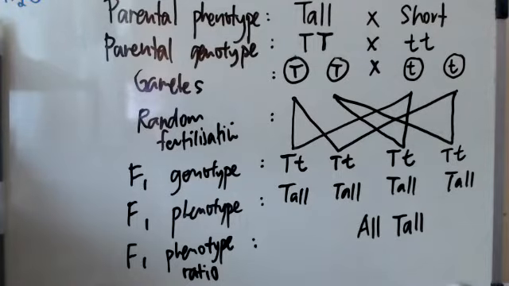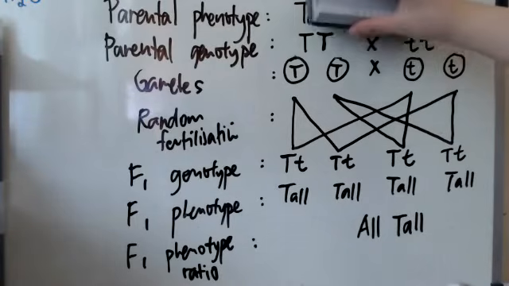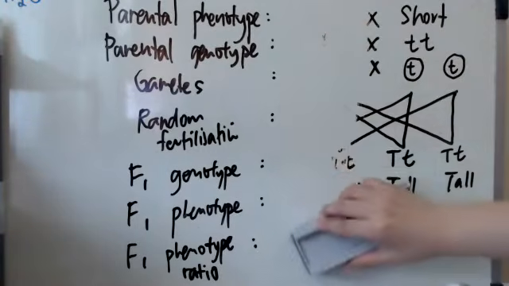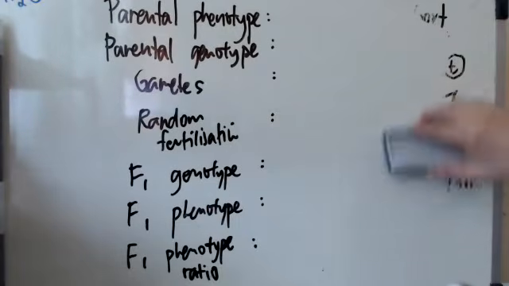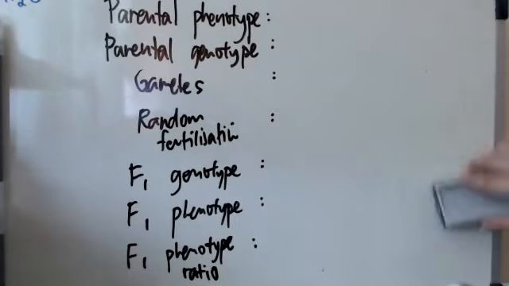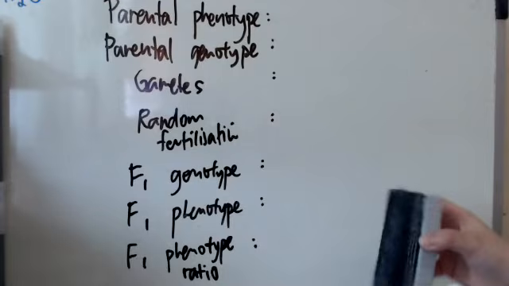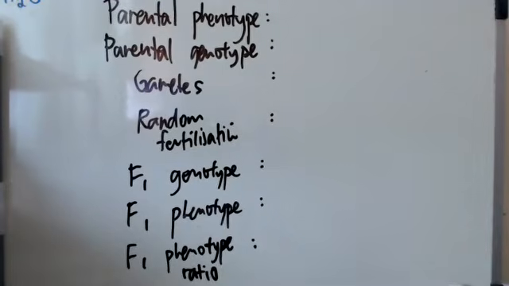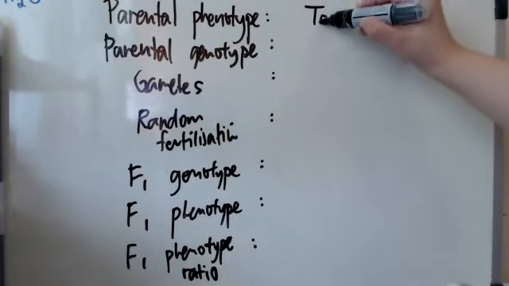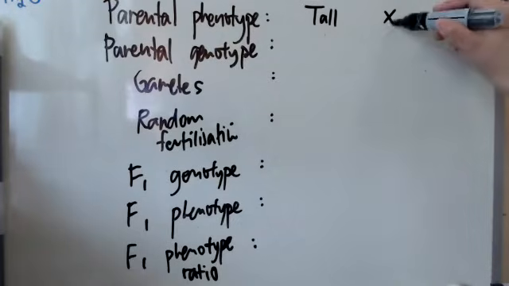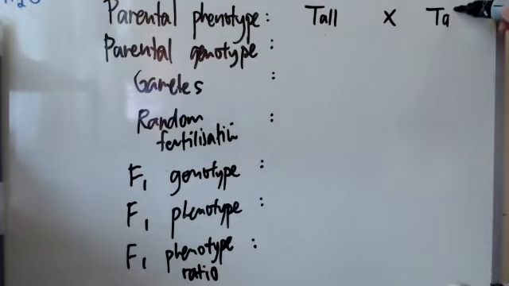Okay? So I'll be using a second example. In this second example, I will be crossing between 2 heterozygous parents. Parental phenotype, which is tall, crossed with parental phenotype, which is tall as well.